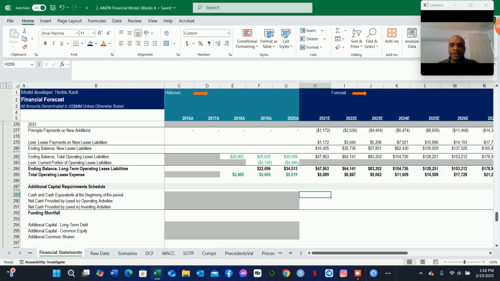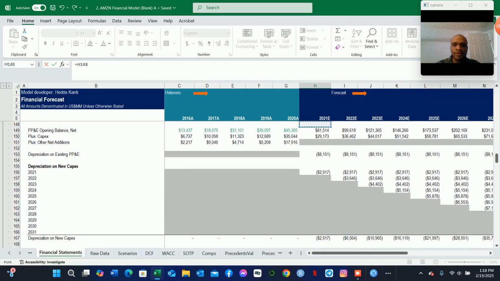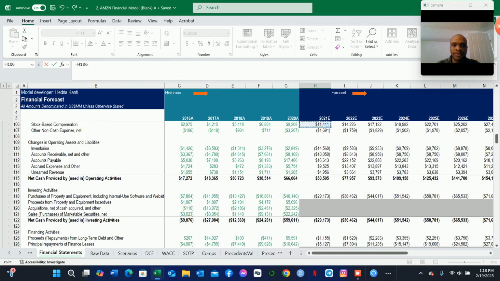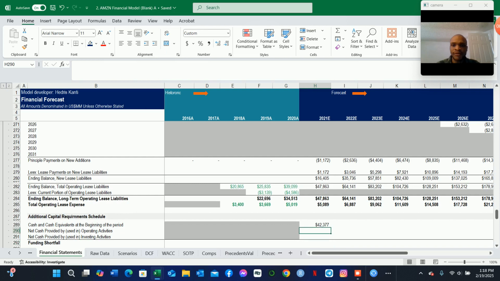So let us go to the financial statements right now and bring in the cash and cash equivalents at the beginning of the period. Let us go to the cash flow statement and grab here the cash and cash equivalents at the beginning of the period, approximately $42 billion for this time period.